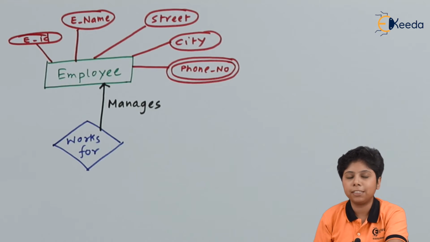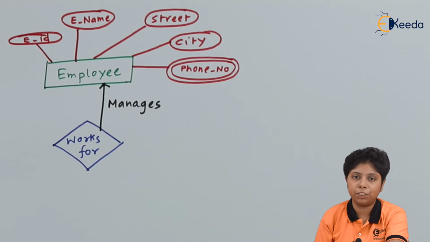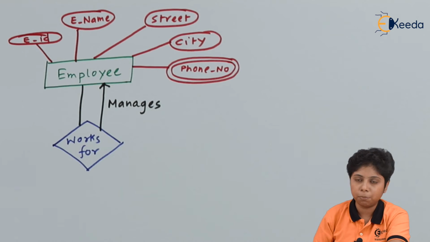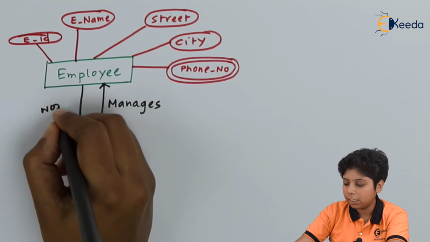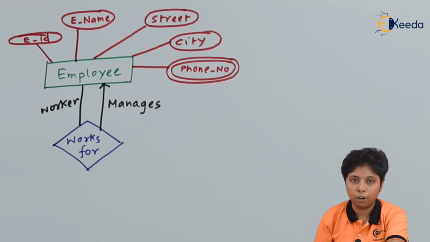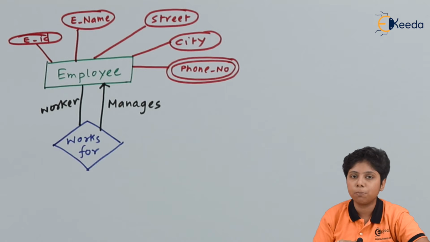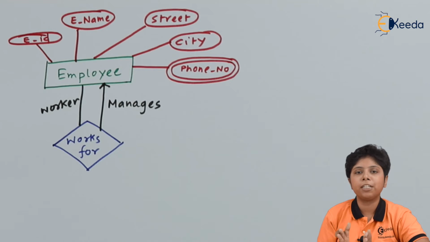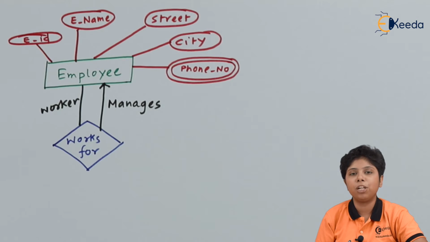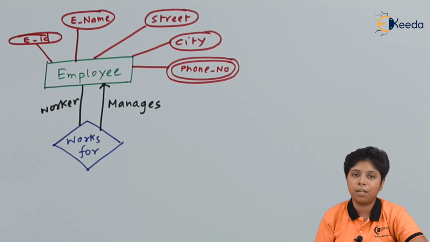Now in the other part, it can be a worker to the relation. So the double line signifies the total participation, and I am dividing the double line into two relations, that is manages and worker. So not only am I showing you how to define a total participation for one entity to the relationship, but also how to deal with different types of relationships inside that one to signify the role of the employee.